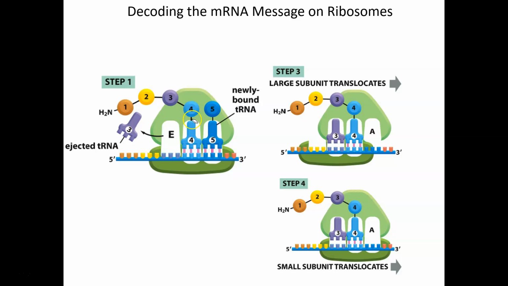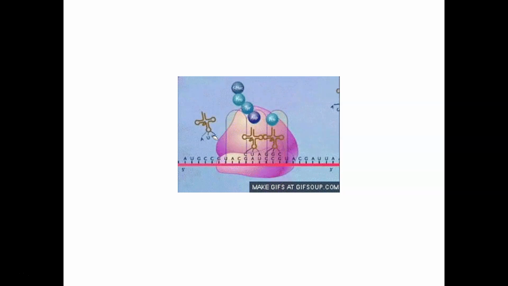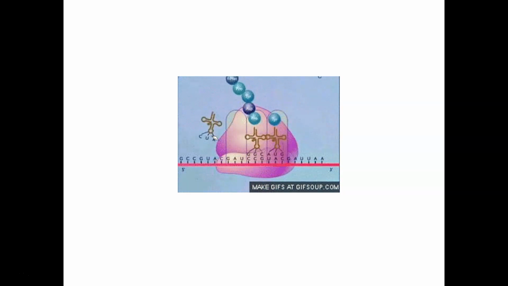That's going to break this bond between amino acid number 4 and its tRNA. We're going to have a chain of 5 amino acids now linked to the tRNA in the A site, and that's going to break the A site rule. It's going to drive another round of translocation, which is going to put the empty 4 tRNA in the E site, and it's going to vacate the A site, and the process repeats. So here we can watch this happen in real time.